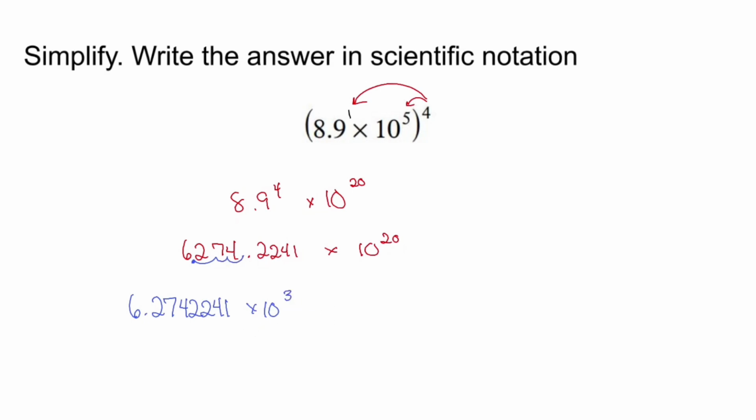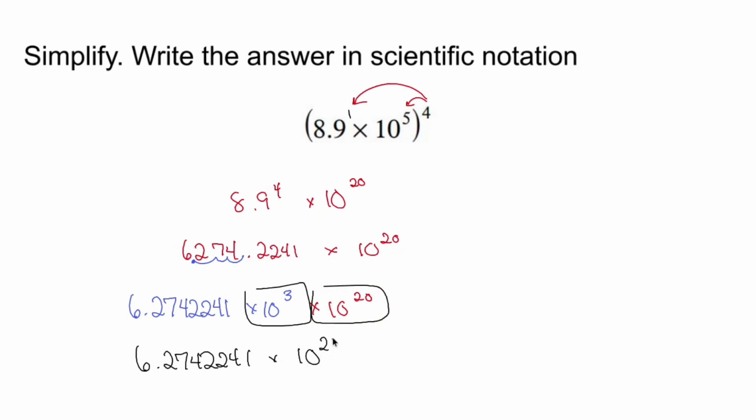And that's going to be living next to the 10 to the 20th that's already there. Now, this gross number is just that gross number, can't do much about it. So let's just write it out. 10 to the 3rd times 10 to the 20th is 10 to the 23rd, because you add the exponents.